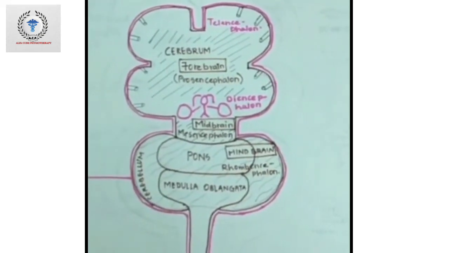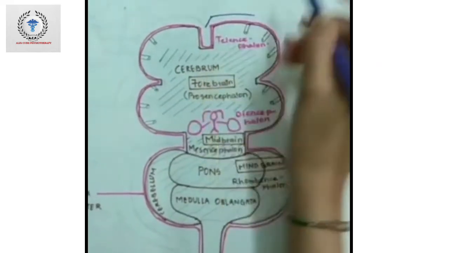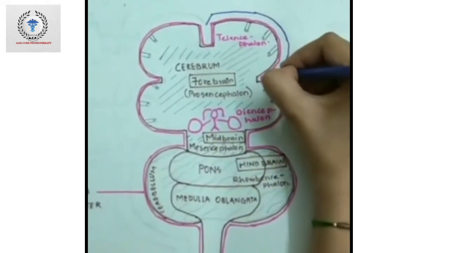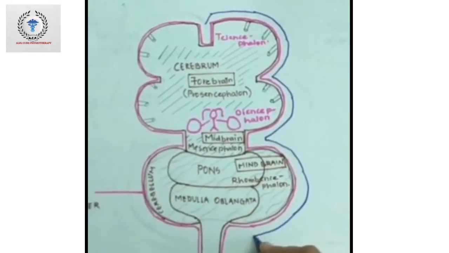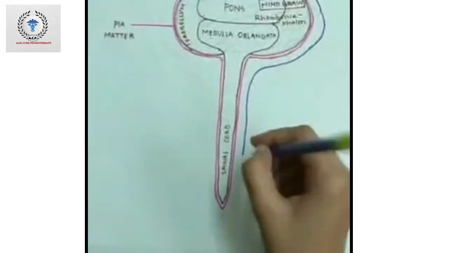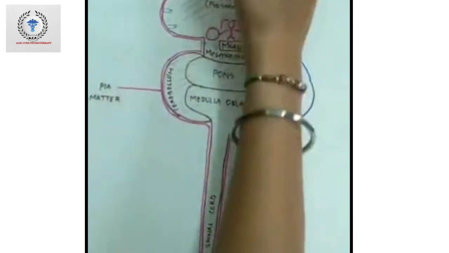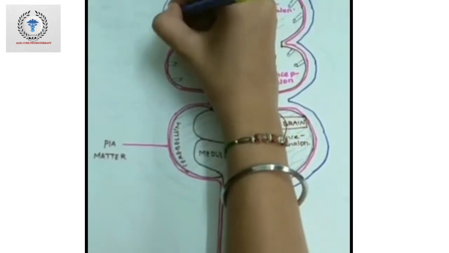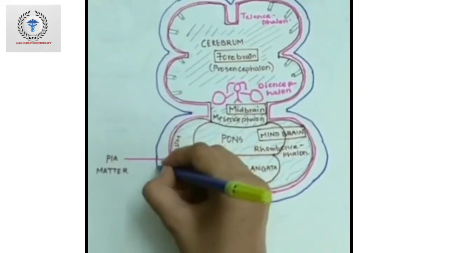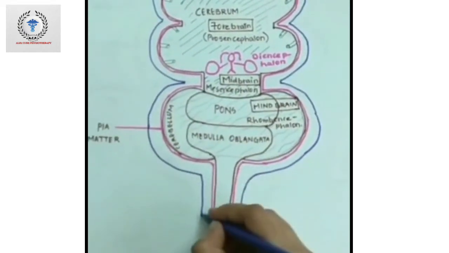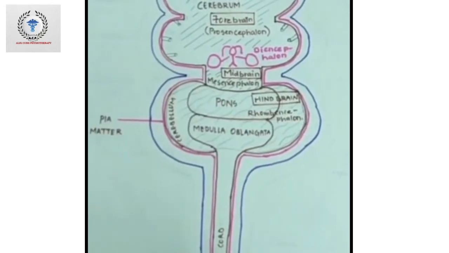The middle layer is like a cobweb. It has multiple connective tissue called trabeculae which connects second layer to the pia mater. This is the middle layer called as arachnoid mater.